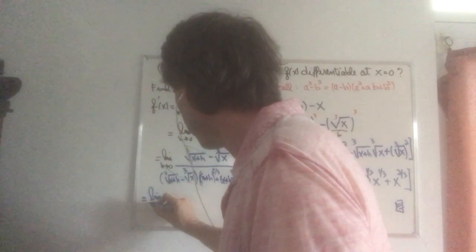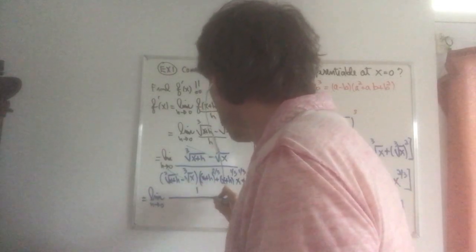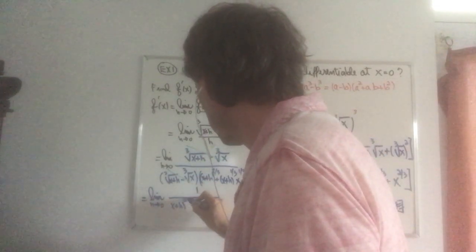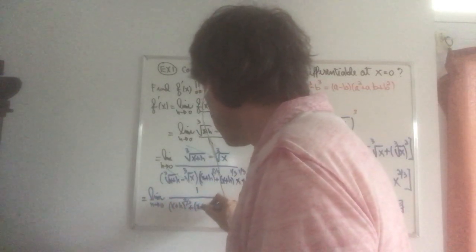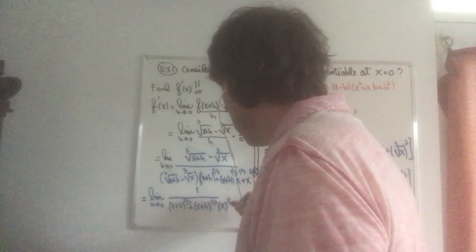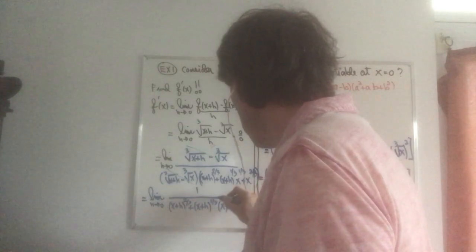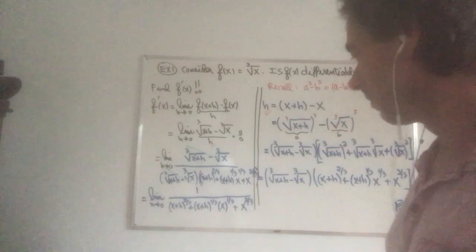This is now the limit as h goes to 0 of 1 over, here we go, x plus h to the 2/3 plus x plus h to the 1/3 x to the 1/3 plus x to the 2/3. I can extend my division bar here. Wow, nasty expression.